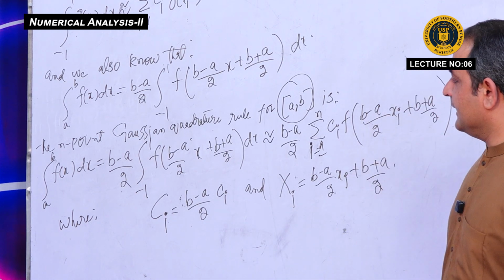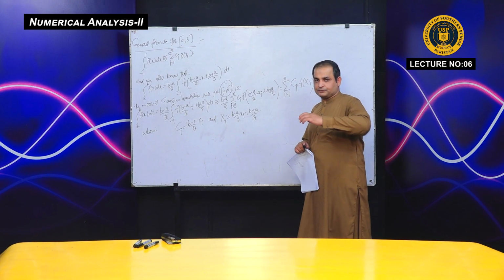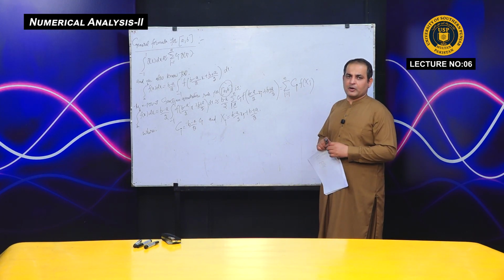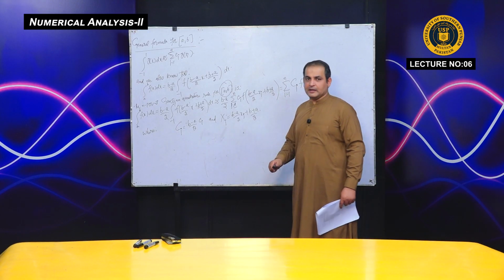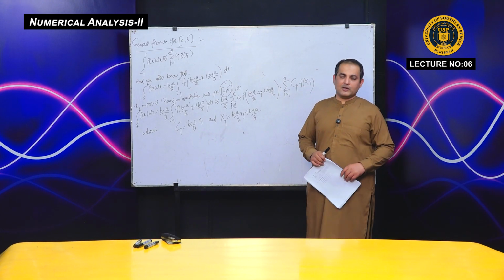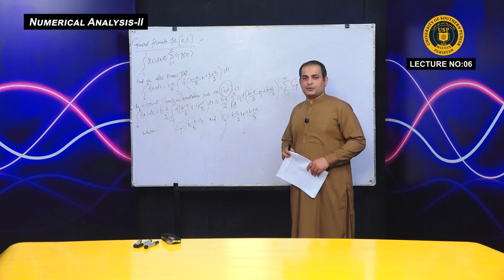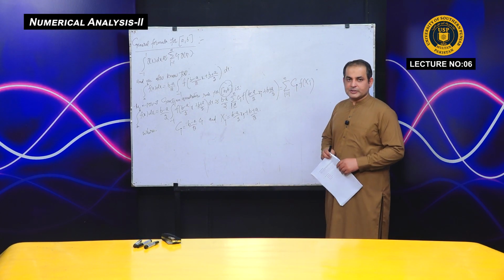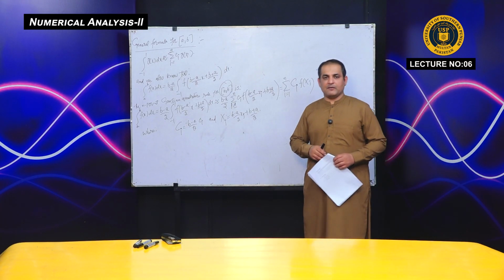So basically this is the n-point Gaussian quadrature rule for the interval ab. You have to remember this rule. If you put n equals 1 here, you will get the 1-point Gaussian quadrature rule. If you put n equals 2, you will get the 2-point Gaussian quadrature rule, and so on, if you keep increasing the value of n.